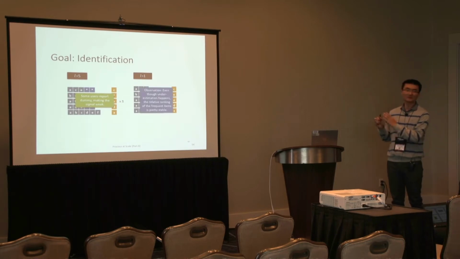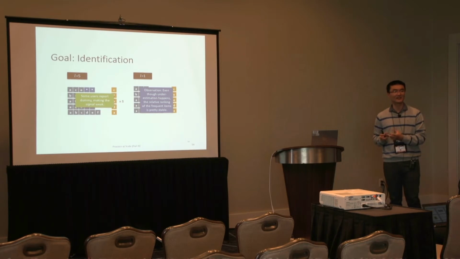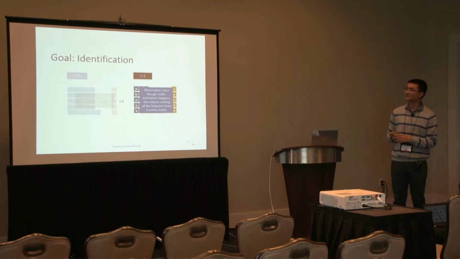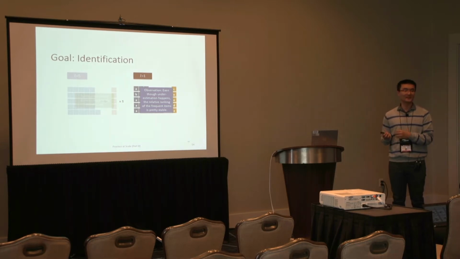And the observation of the approach on the right is that even if each user underestimates its atom set, the relative ranking of the atoms is pretty stable if we have many users and a lot of atoms. So as a result, when the goal is to identify a set of candidates in this problem, we propose to use a smaller L.